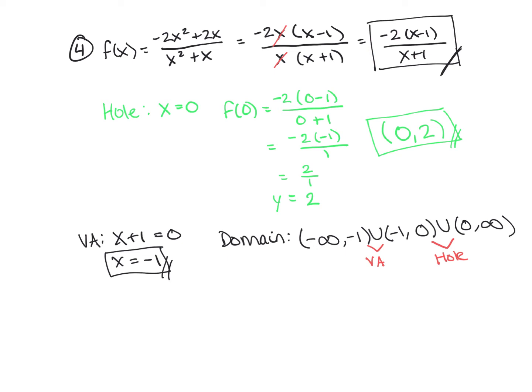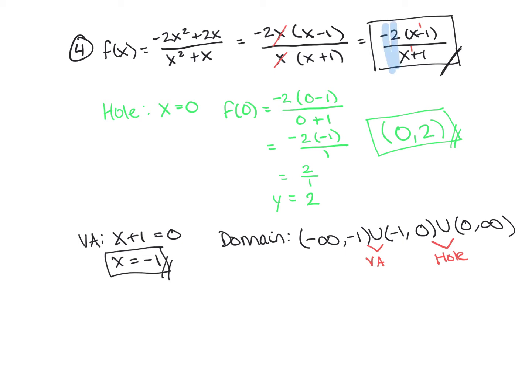Next, now that we have our vertical asymptote and our domain, let's take a look at our horizontal asymptote. For the horizontal asymptote, we're going to take a look at the degree of the numerator and the degree of the denominator. In this case, I see the degree of the numerator is 1 and the degree of the denominator is 1. Since the degrees are the same, we're going to look at the two numbers out in front.